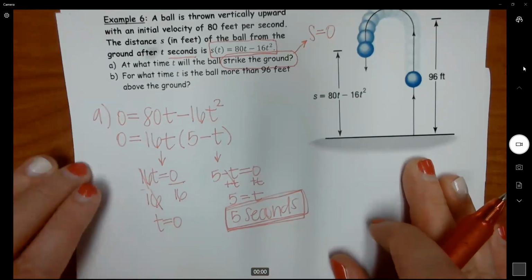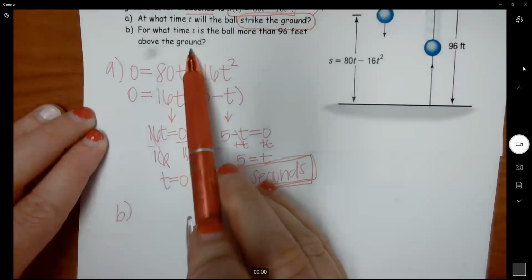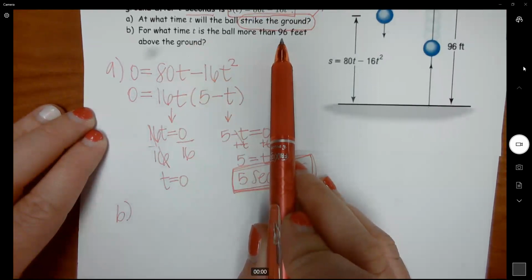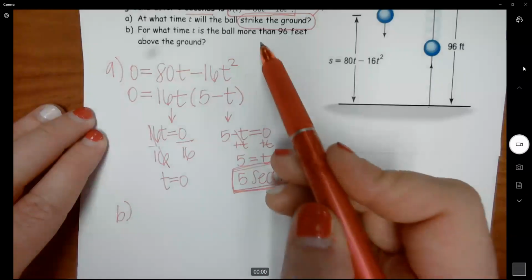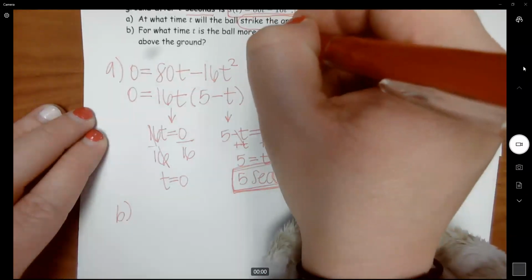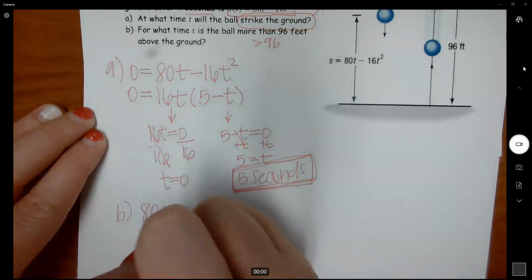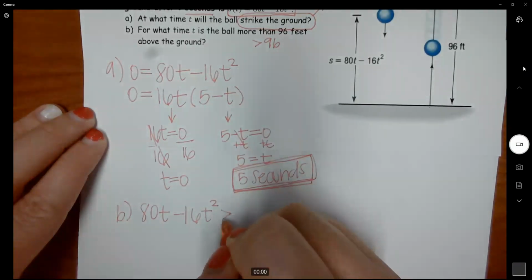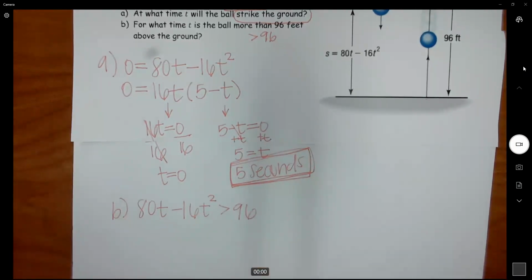Okay, so now part B wants to know at what time t will the ball be more than 96 feet above the ground. So more than 96. So take your equation, 80t minus 16t squared, and we're going to set that to be more than 96.